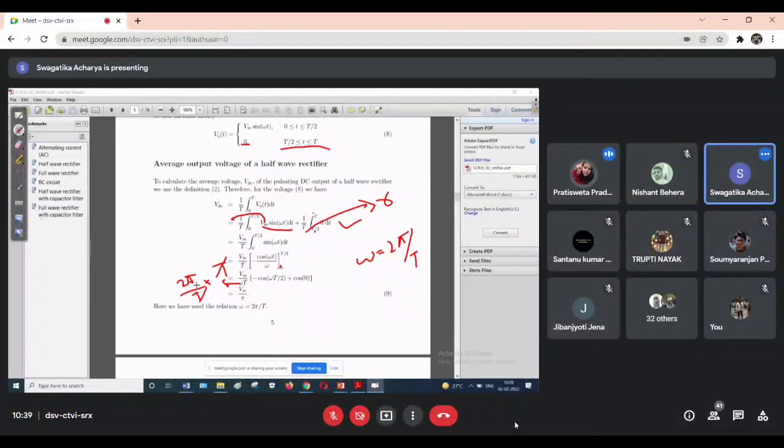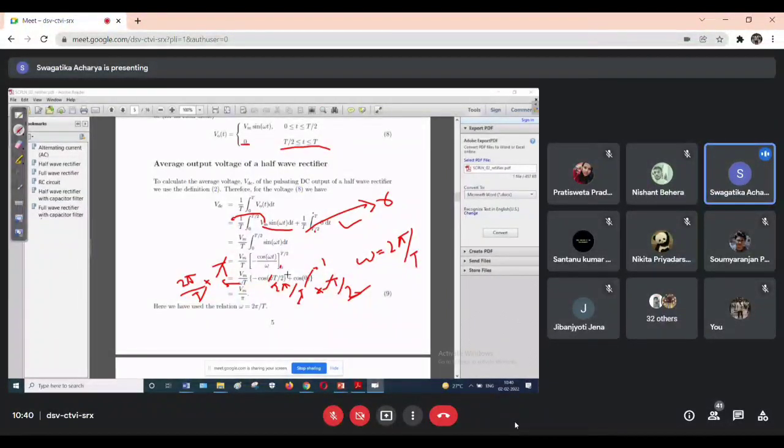Here again omega equals 2 pi by T into T by 2, so T cancels out, 2 cancels out, only pi is remaining. Cos 0 equals 1, and cos pi is minus 1.